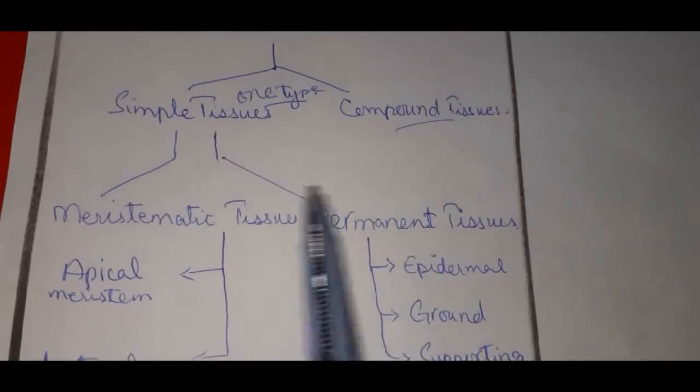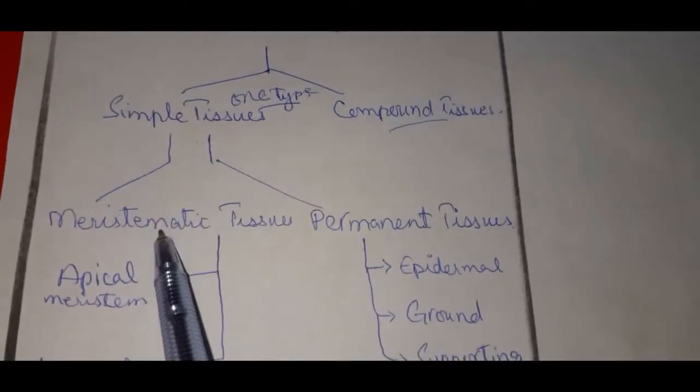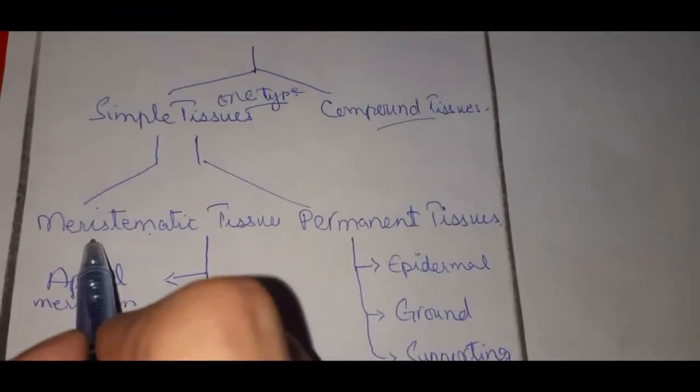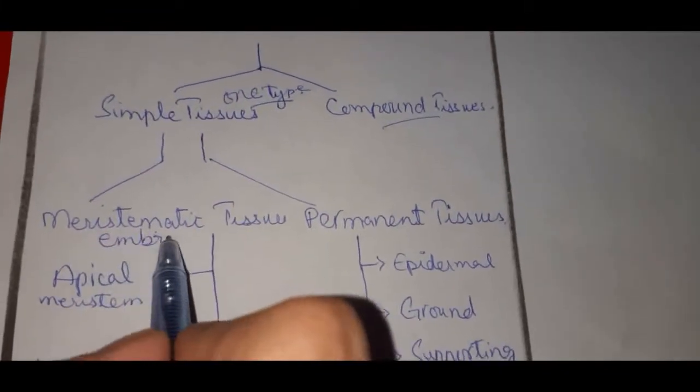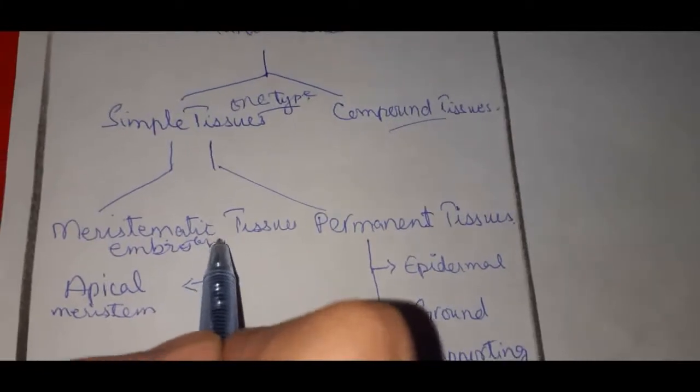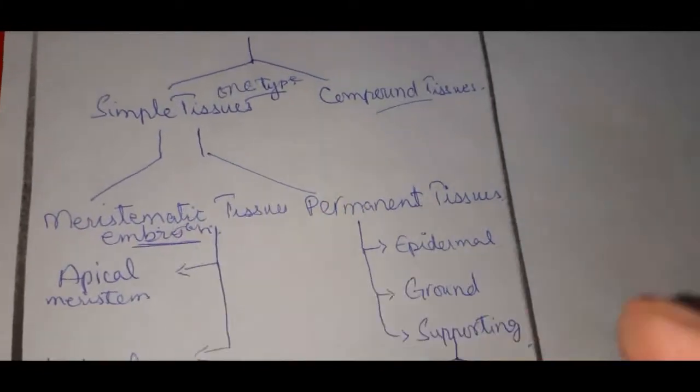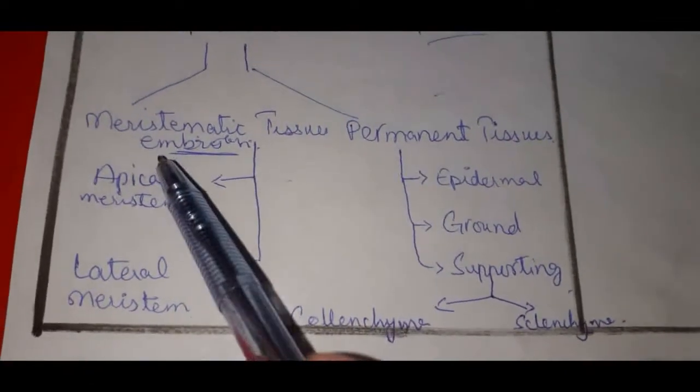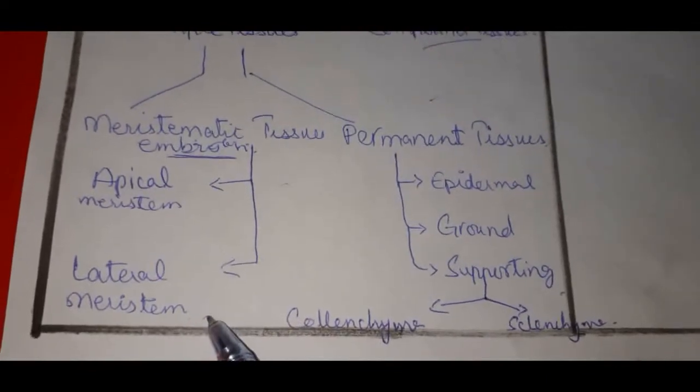Meristematic tissues are also called embryonic tissues because they are responsible for the growth of the plant. Then we said that meristematic tissues are further divided into two categories: apical meristem and lateral meristem.